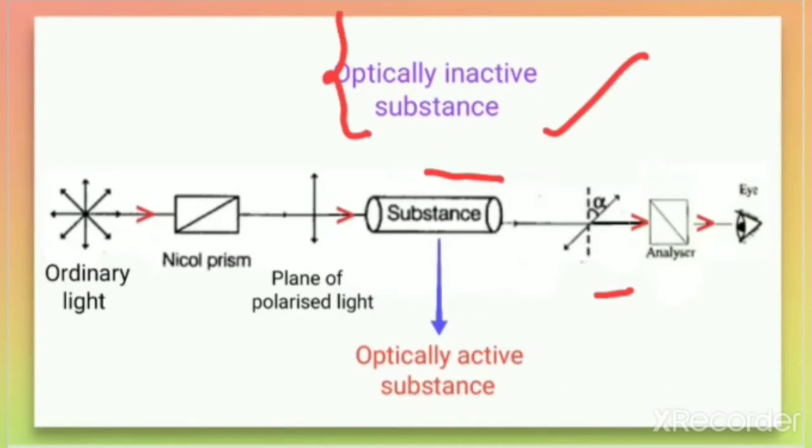This can be analyzed through an analyzer as shown in the figure. So what is an optically active substance? The substance which can rotate plane of polarized light either in the clockwise direction or in the anti-clockwise direction is called optically active substance.